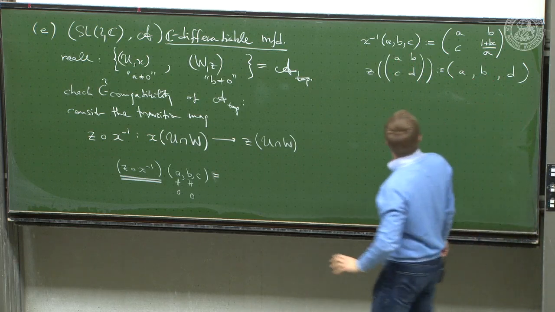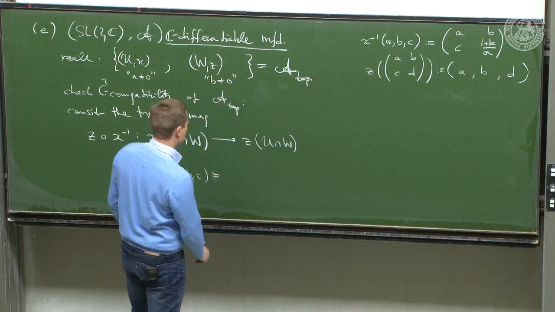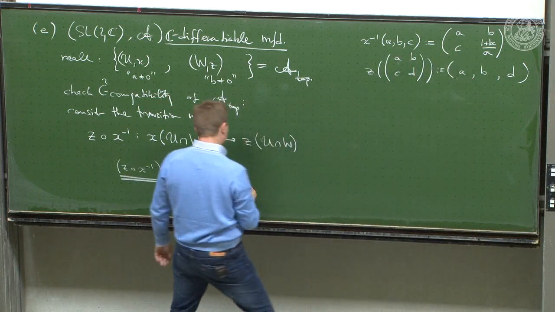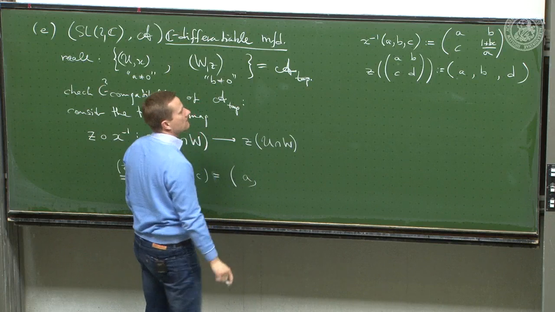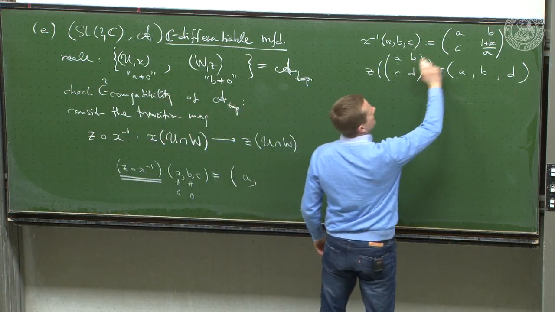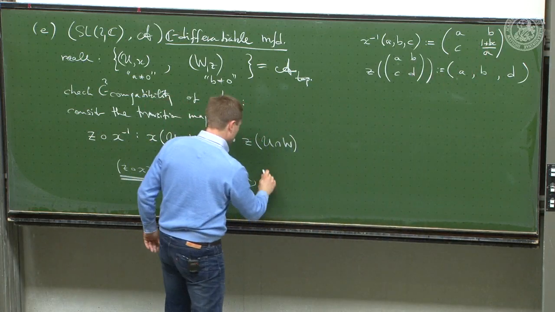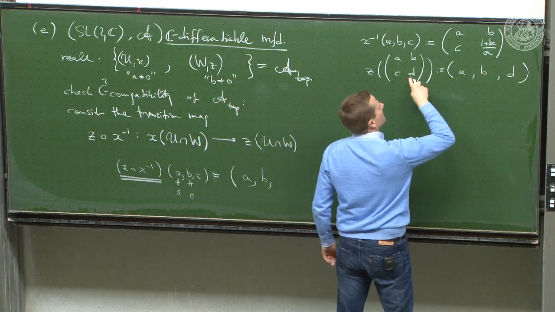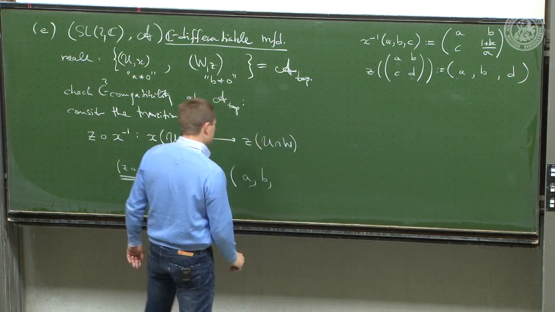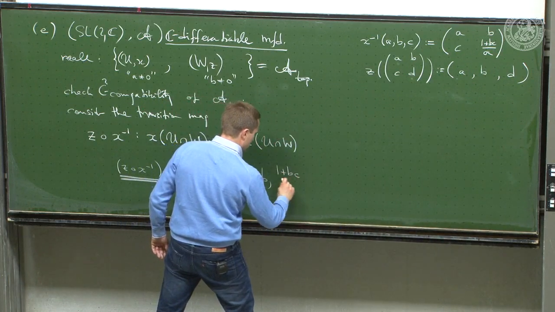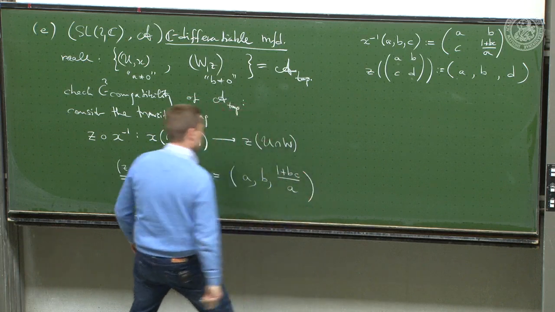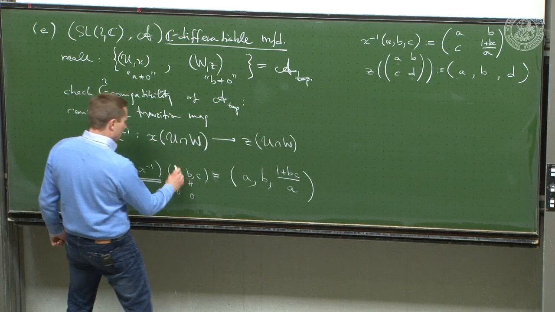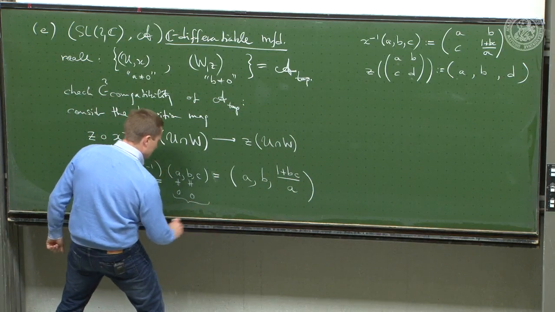What we get is the first entry, which is an A, comma, then the second entry, which is a B, and then the entry down here, which in this case is 1 plus BC over A. Now where does this come from?